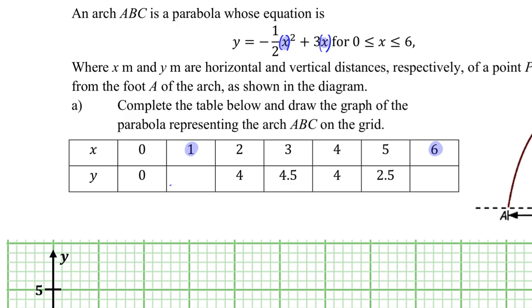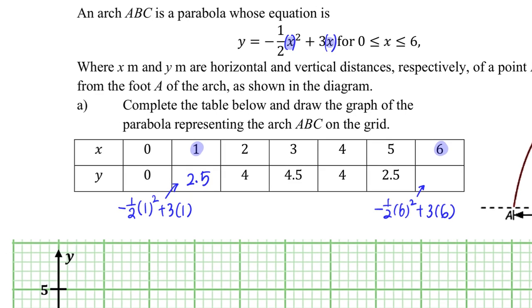To get this value, it will be negative half times 1 squared plus 3 times 1, and this will give me 2.5. As for here, this one will be negative half times 6 squared plus 3 times 6, and this will give me 0.